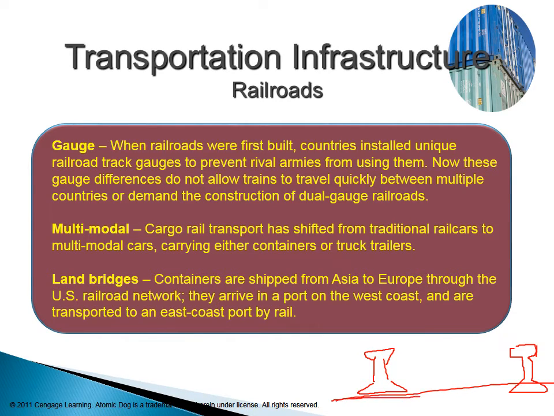So, sorry, this is a sleeper here. Now, this distance between the two rails, the two inner parts of the rail, determines the axle width. So when the wheel basically sits, it sits something like that. That's the wheel. Okay, so that's the wheel.